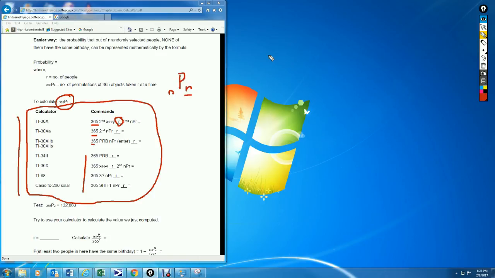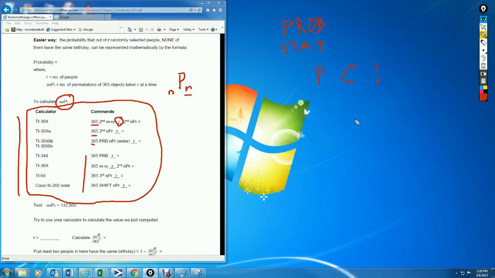I think maybe my list is a little outdated. I need to update it. Like I mentioned before, if you have a particular TI calculator, you may have to go into a button that either says prob or stat. And again, like I said, you will see options that include P, C, and exclamation point.